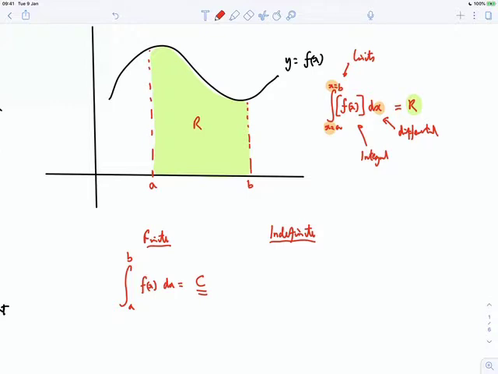Whereas an indefinite integral of f of x dx will become a new function, capital F of x. Notice the difference between little f and capital F. We call this the integrand, and there's always going to be a constant of integration added. Now there's a lot to unpack here.